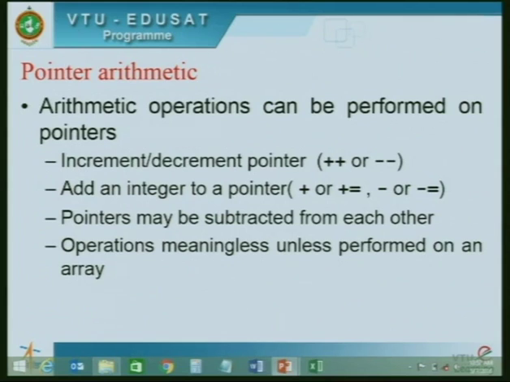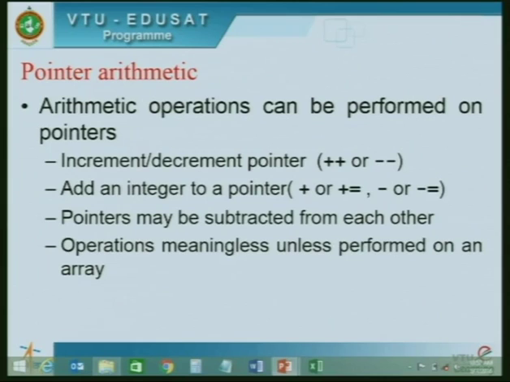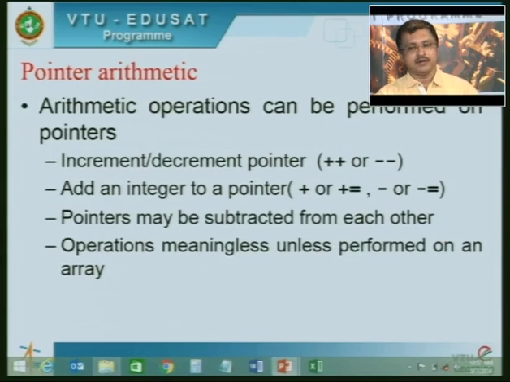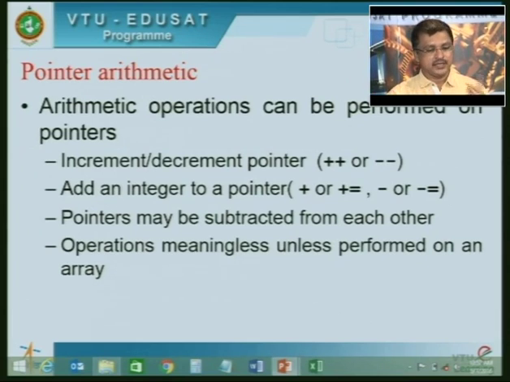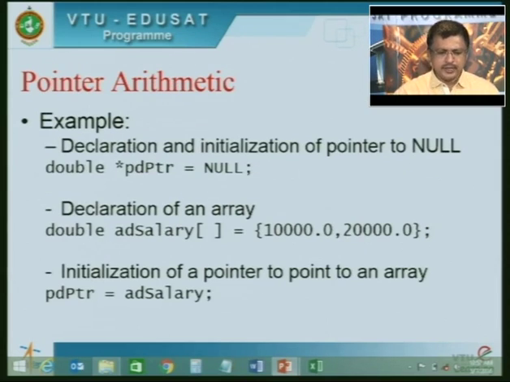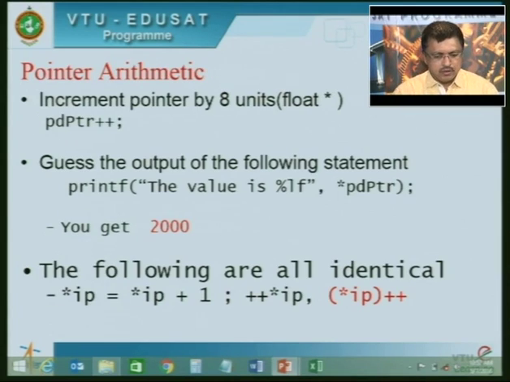So, for all arithmetic operations, that is the manipulation the compiler does. Now, add an integer to a pointer. If I try to add 1, what will happen? It will add 1 multiplied by the size of the data type. If I subtract, same thing. If I multiply, it is the same thing. So, pointers now can be added and subtracted.